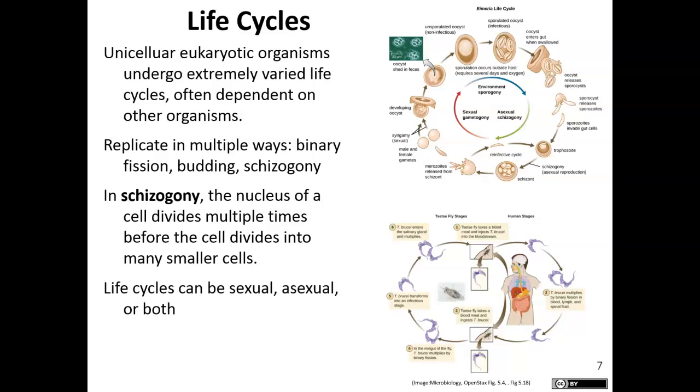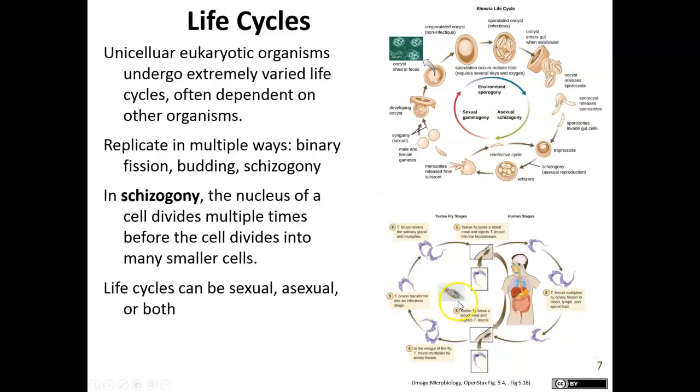In mitosis, the nucleus divides from one nucleus to two. In schizogony, we have multiple divisions of that nucleus. So instead of 1 to 2, we now have 1 to like 3, 4, 5, 6, 7, 8. So you're producing multiple cells very rapidly.